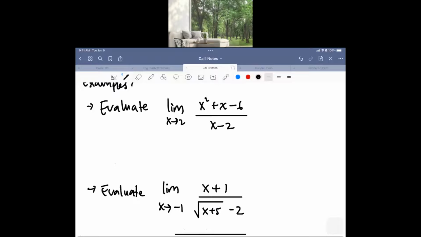For number one, is there any problem for factoring? Still any problem for factoring?